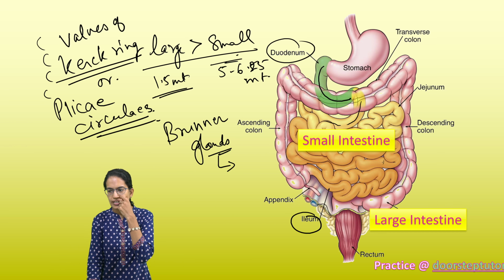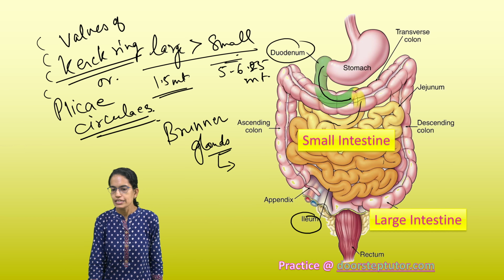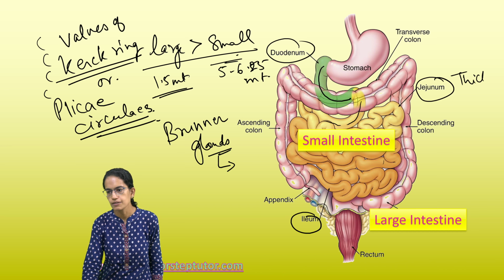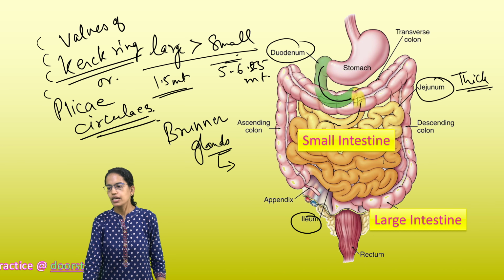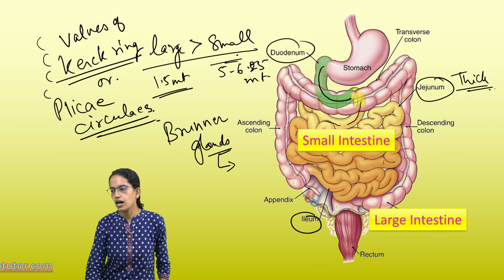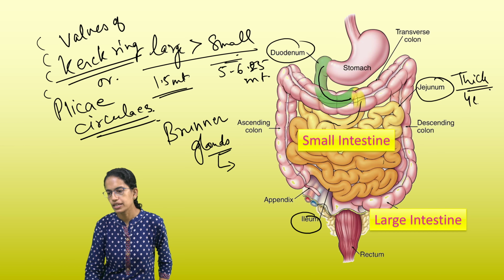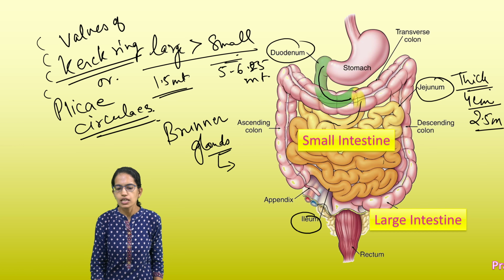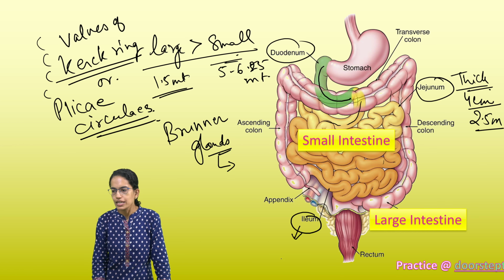The next part is the jejunum. Jejunum is the middle part. This part is relatively thick, and because it is thick, it also has a higher diameter. So the diameter is around 4 centimeters and the length is around 2.5 meters. The last part is the ileum.